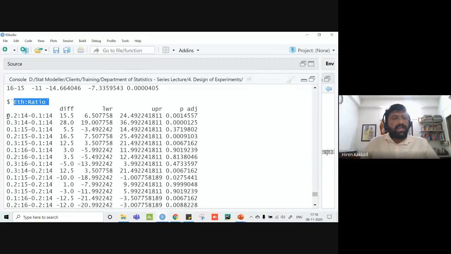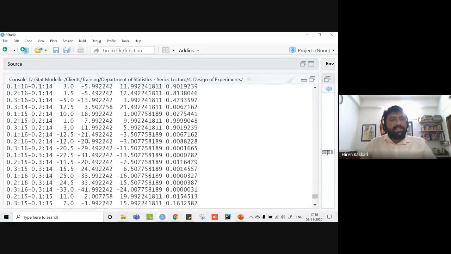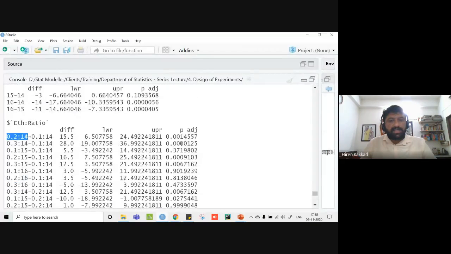It is taking the interaction effect in all possible combinations. You can see there are many interaction effects that it has considered, and now you can see the p-values of each pair.